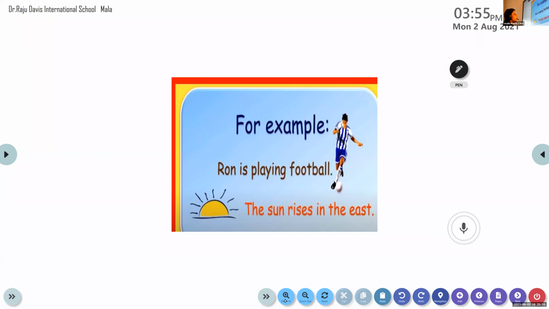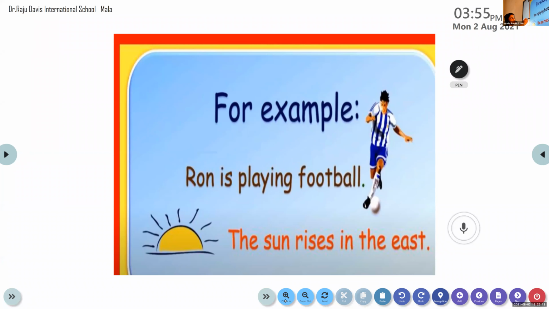Okay. So here, there are 2 groups of words: Ron is playing football, the sun rises in the east. Both these groups of words do make sense, so we can call them sentences. Clear?